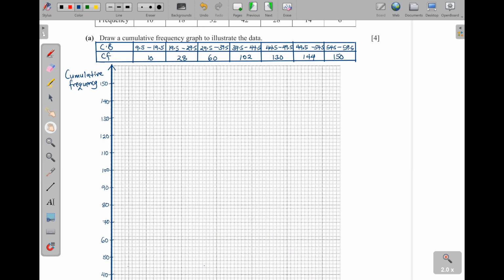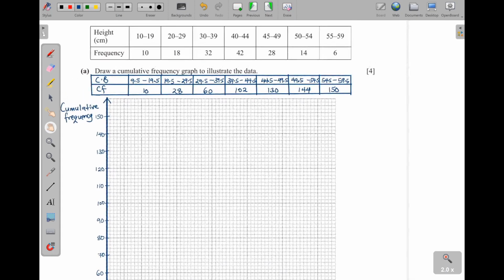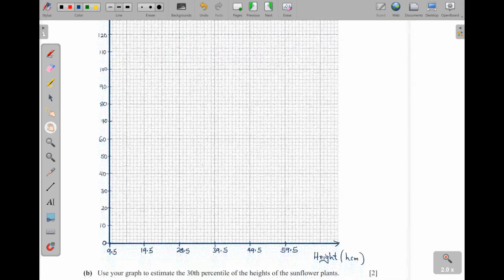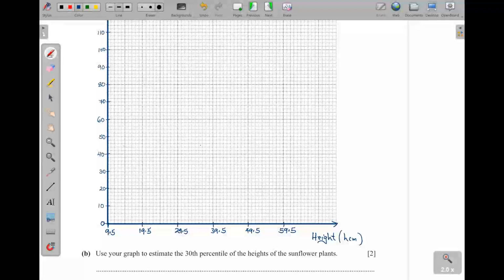Now we plot from 9.5. We are plotting cumulative frequencies against upper class boundaries. So the first one is going to be 19.5 and 10, which is here. So you plot that point.